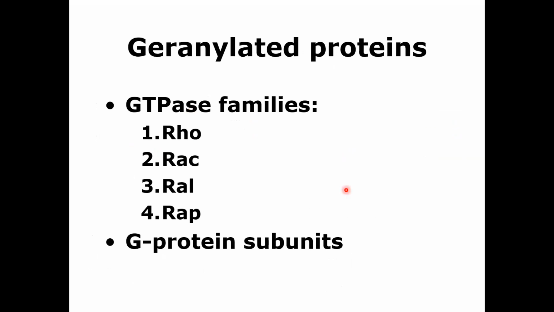So we looked into the protein sequences at UniProt that had the CaaX motif on the C-terminal. What is CaaX? That's cysteine, two aliphatic amino acids, and any amino acid. And these 4 amino acids signal to the geranyl transferase type 1 protein that this target needs to be geranylated.